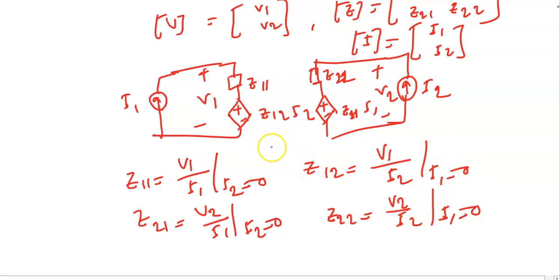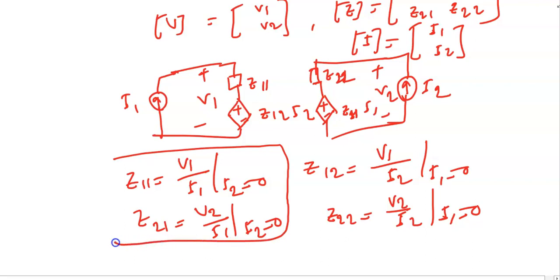You can clearly see that when we make port 2 open circuit, I can get Z11 and Z21. Similarly, making port 1 open circuit, I can get Z12 and Z22.